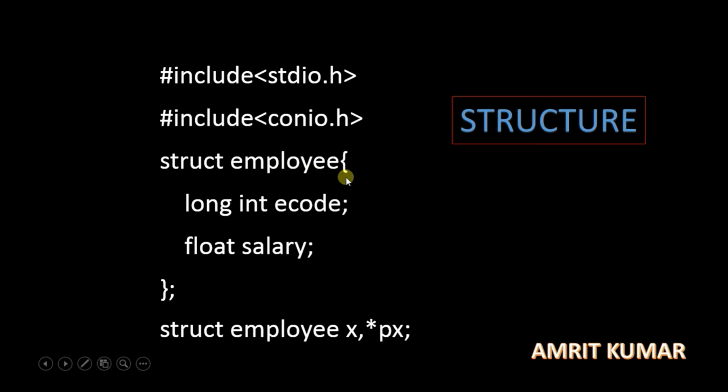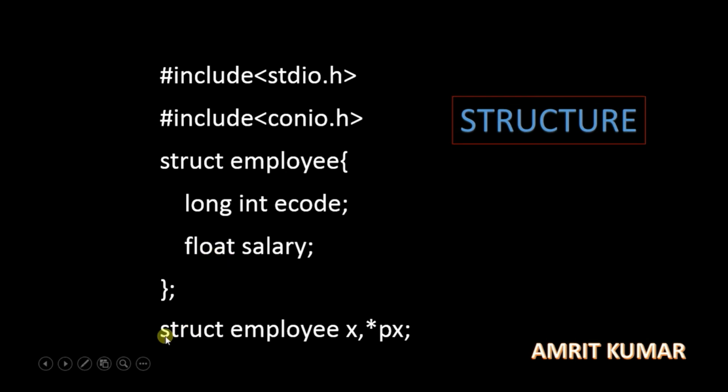Then I open this structure, and you can see that I am using ecode as a variable of type long int and salary of type float. Ecode is going to carry a long integer value, which I have told you about, and salary is going to contain a float value, which I have told you about in the float lecture.